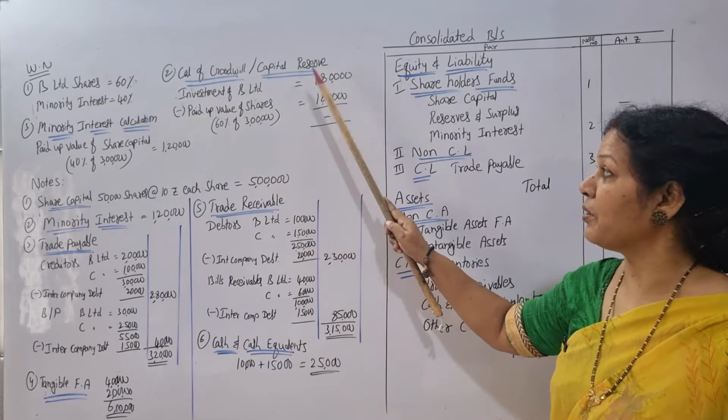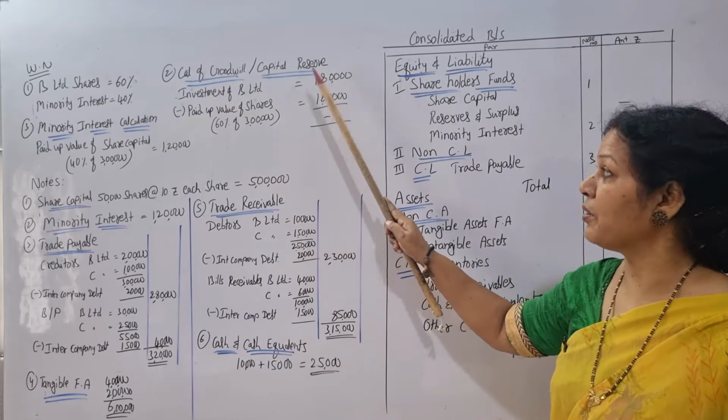Now here first we are taking investment. How much is the investment by the Bharat Limited? It is given on the asset side. Investment is 1,80,000. And what is the value they are supposed to pay? 60% they wanted to pay. If you calculate 60% of the paid up value of shares, 3 lakh is given on the liability side.